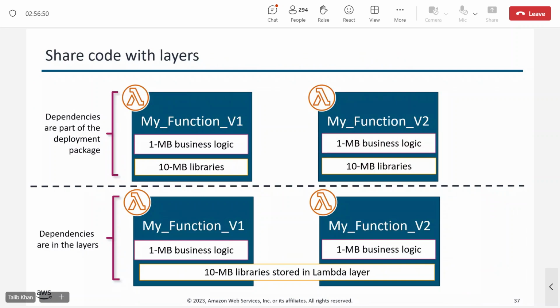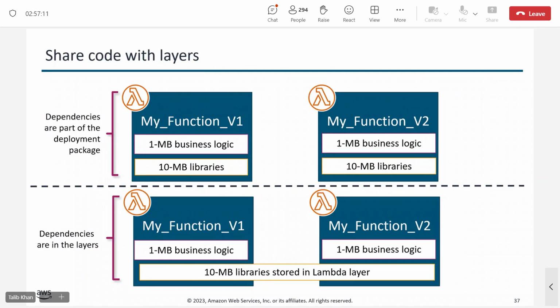Now, shared code with layers. A layer is basically a .zip archive file that contains code beyond your business logic, such as libraries, custom runtimes, and other dependencies. With layers, you can share code across different versions of the same function or across multiple functions in a workload.